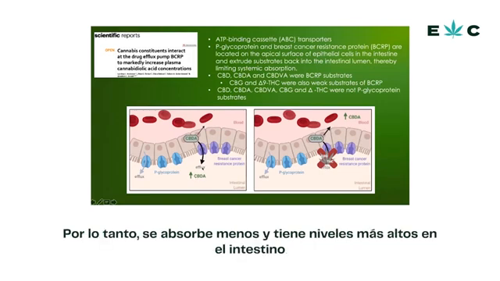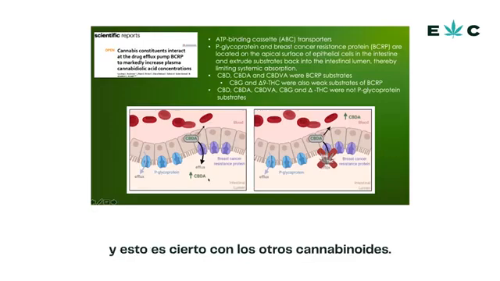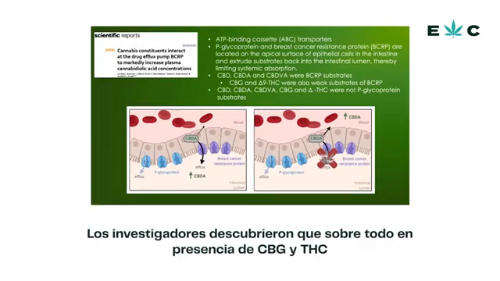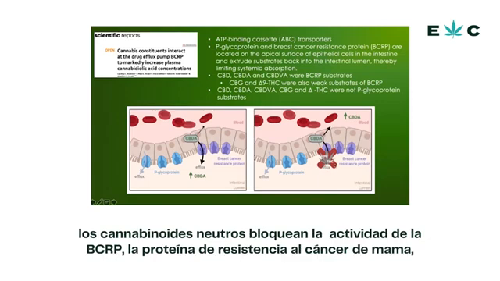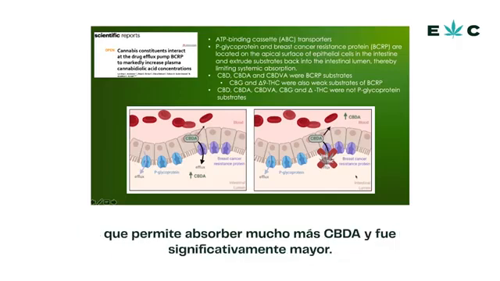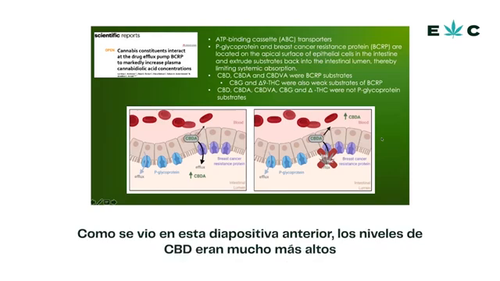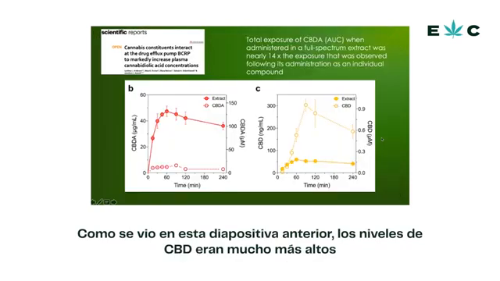So less of it gets absorbed, and you have higher levels in the intestine. And this is true with the other cannabinoids. What these researchers found, though, is that especially in the presence of CBG and THC, 2 neutral cannabinoids, this blocked the activity of the BCRP, the breast cancer resistance protein, allowing for much more CBDA to be absorbed. And it was significantly higher, as you saw in this previous slide here.